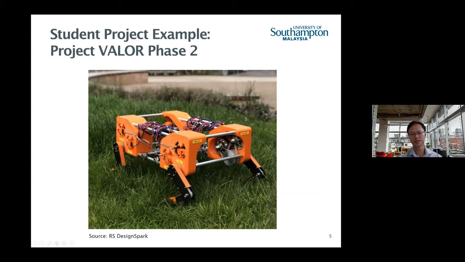So in this project, the students designed this quadruped robot, and for the specification, they are actually planning for this robot to be used in an extraterrestrial context. So for example, if you were to send it to Mars, it needs to be able to withstand harsh environments. It needs to be lightweight.